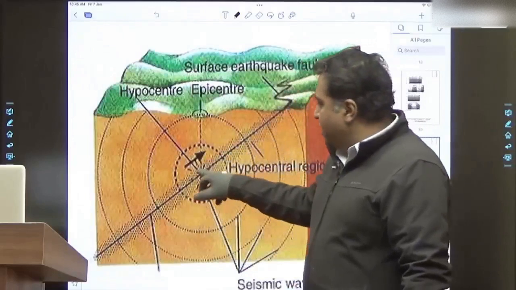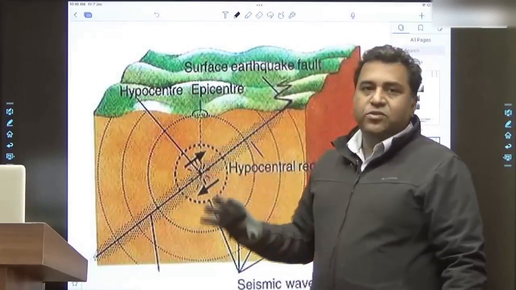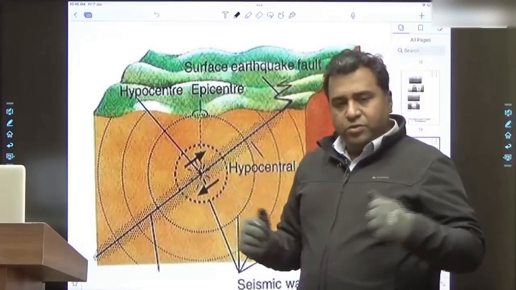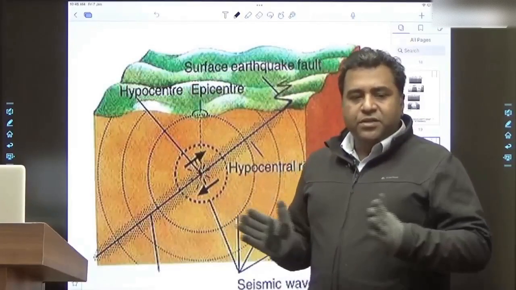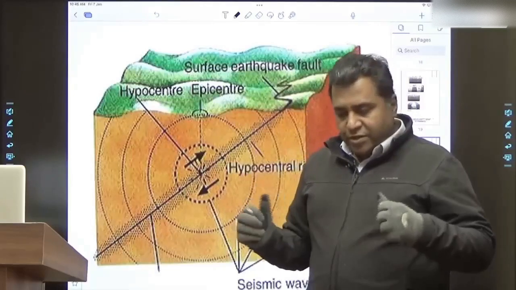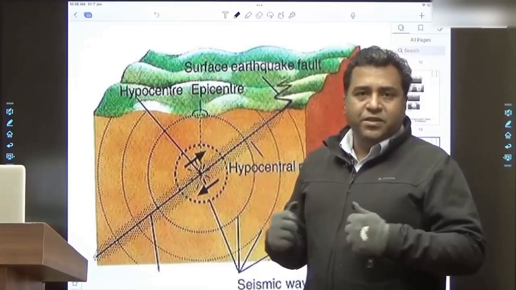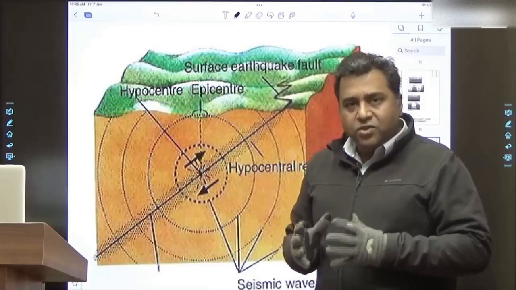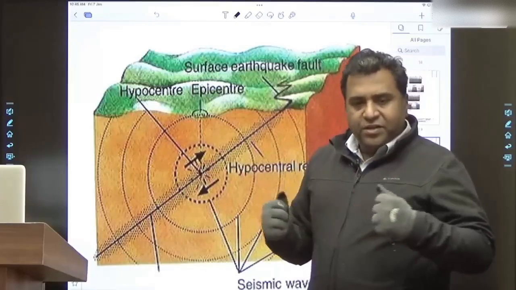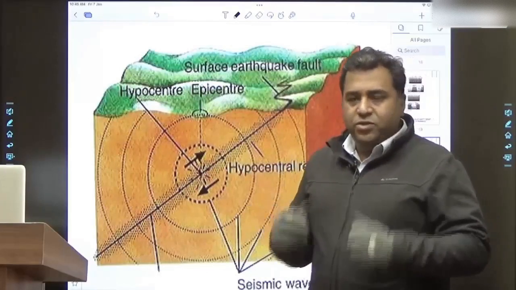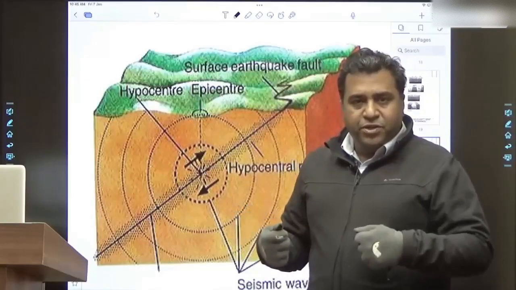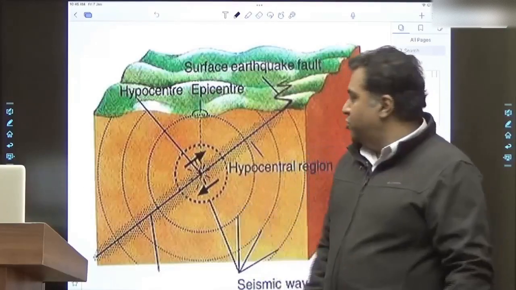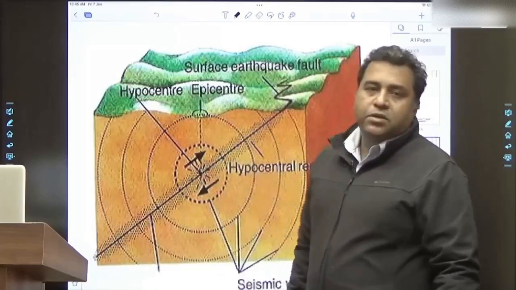Over continuous millions or hundreds of millions of years, that region is getting compressed and compressed, so energy is stored in that region. Or if that region is continuously pulled, energy is stored, like a rubber: if you push it too much or pull it too much, energy is stored.